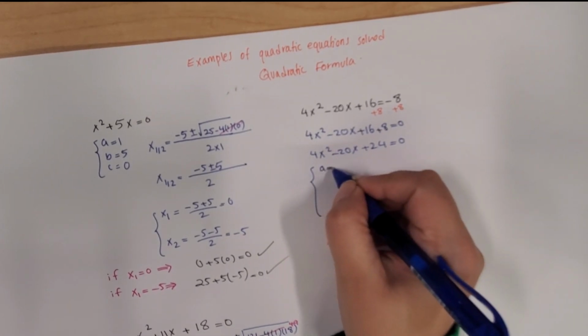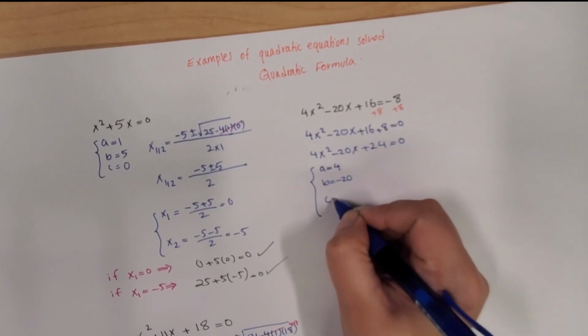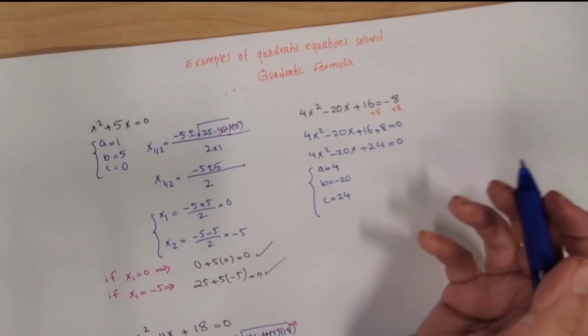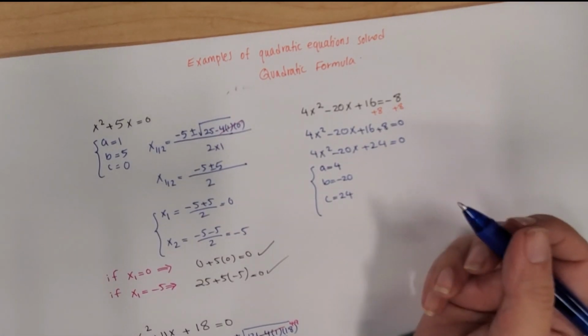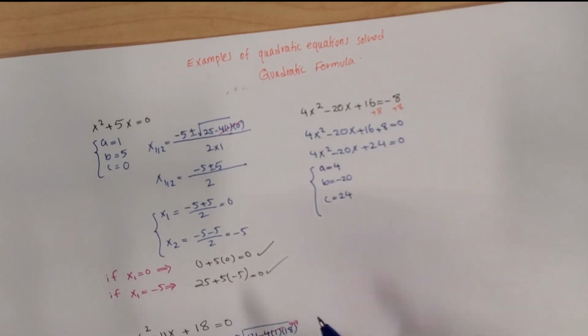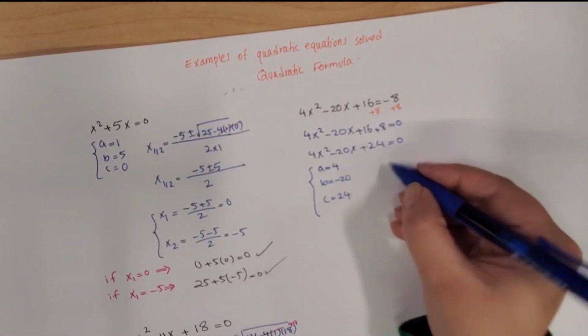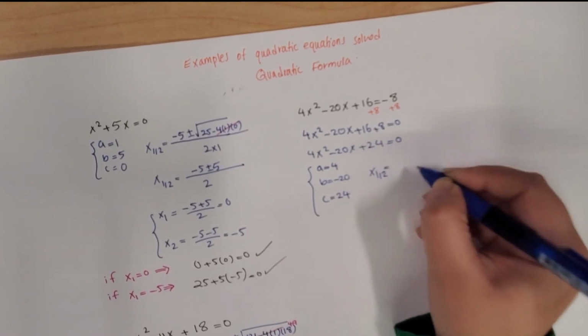I want to solve this from two different methods. So first method, a is 4, b is negative 20, c is 24. Well, actually it's the same method, but I want to solve it without simplifying and with simplifying and show you that the final answer doesn't change. So let's substitute it in the formula.